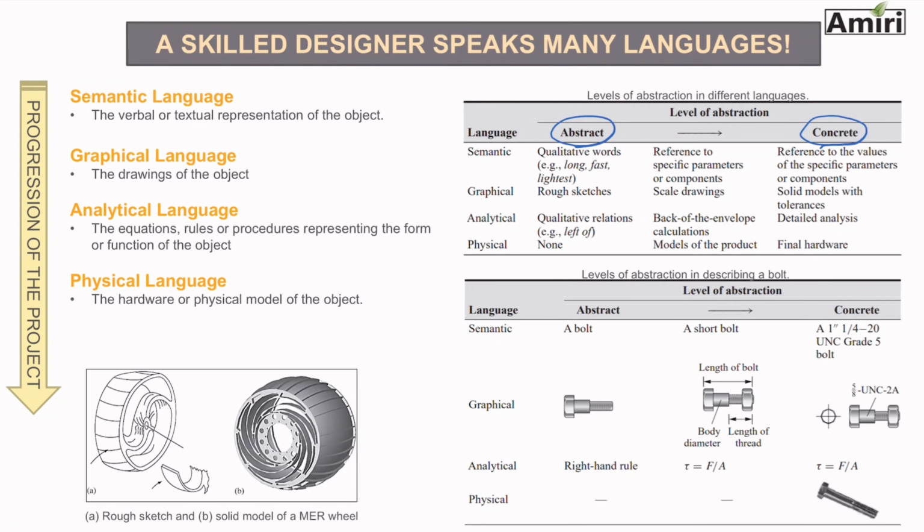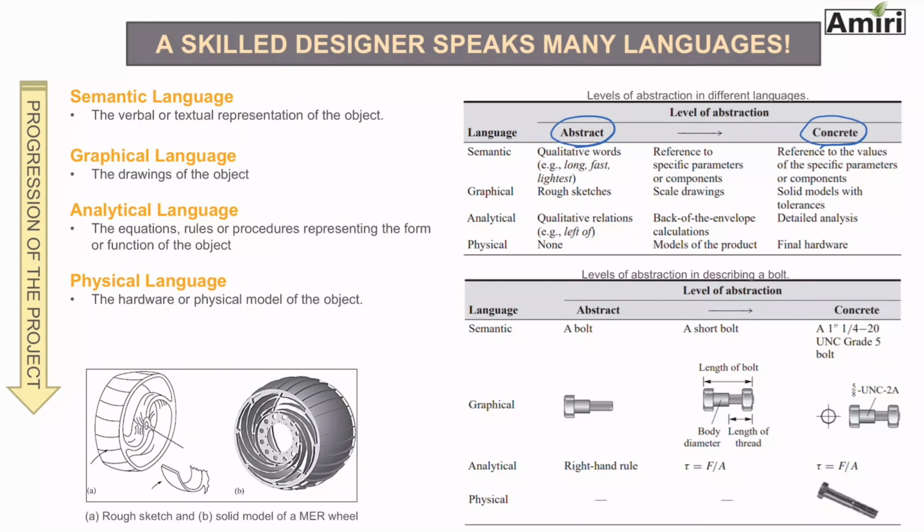Semantic language could be totally abstract, kind of in the middle, and also move to concrete. Semantic is a verbal explanation or representation or description of an object. If you're working on a tool, the semantic language of it would be a tool that helps drill faster into the concrete. That's semantic language, the way you are communicating a product to whoever you're communicating with.